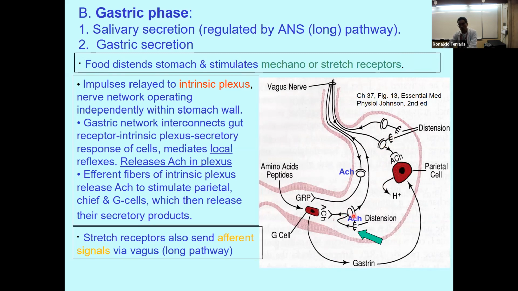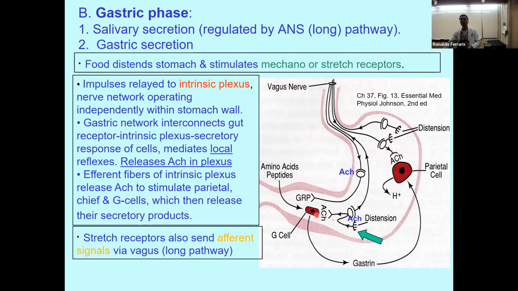And this local reflex releases ACH on the G cell. So you also see these stretch receptors sending ACH here and releasing ACH on the parietal cell. So this then is your local reflex or your short reflex.